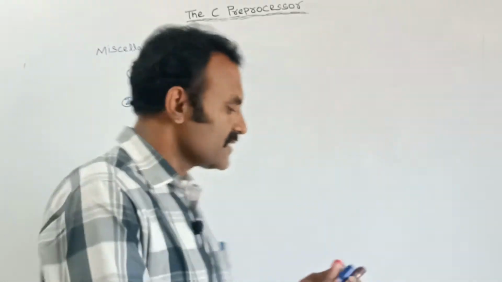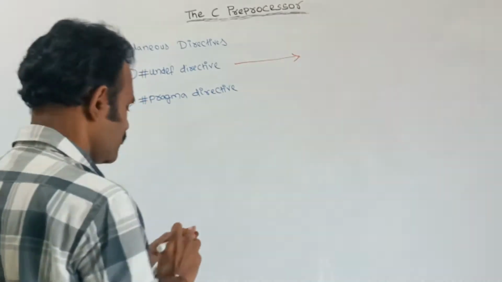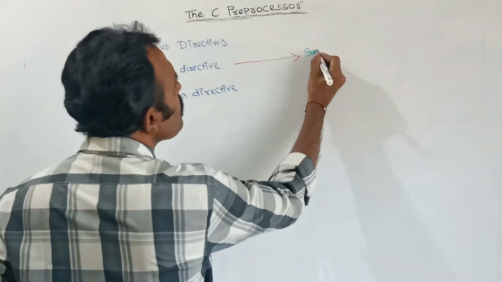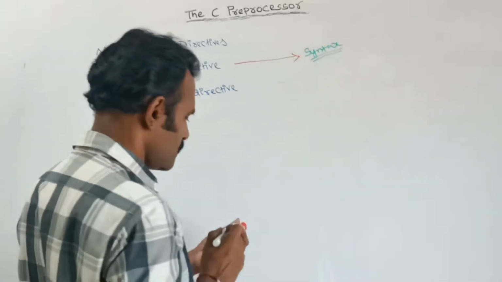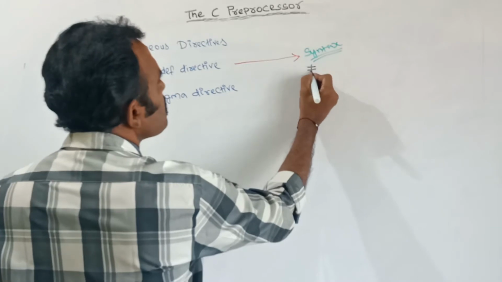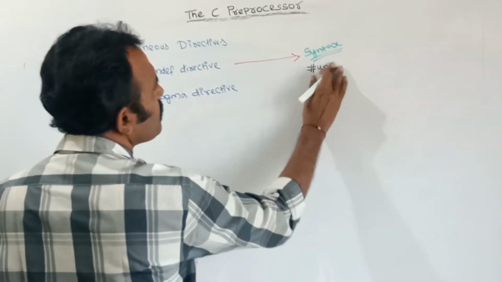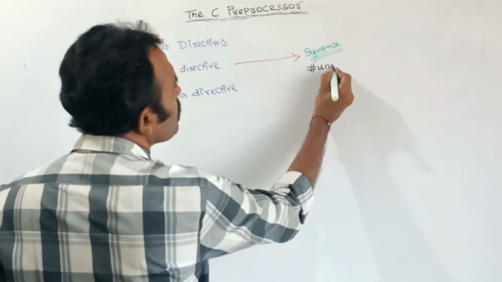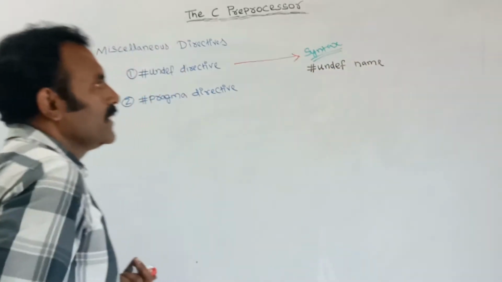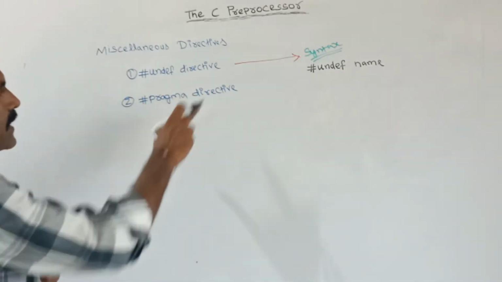The syntax of the undef directive is: first the hash symbol, after that undef, next the macro name.